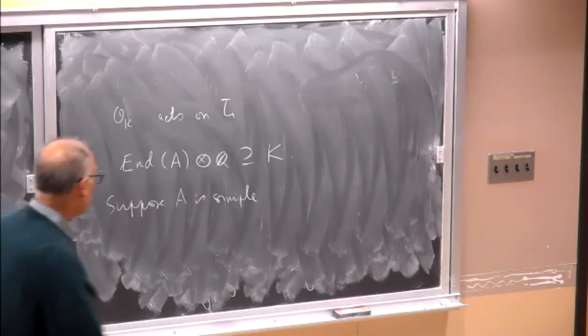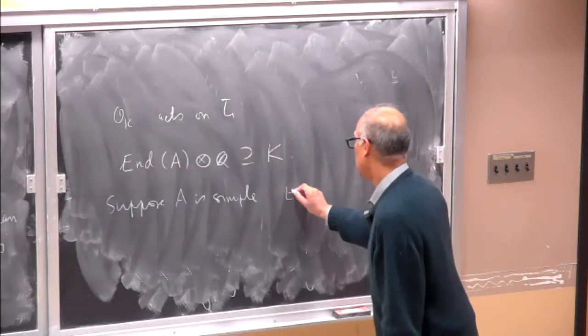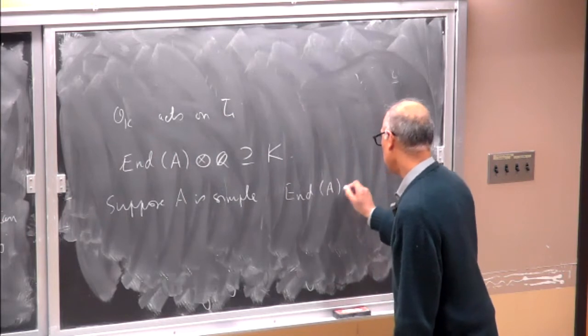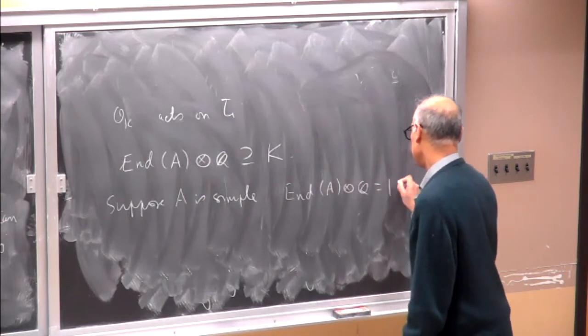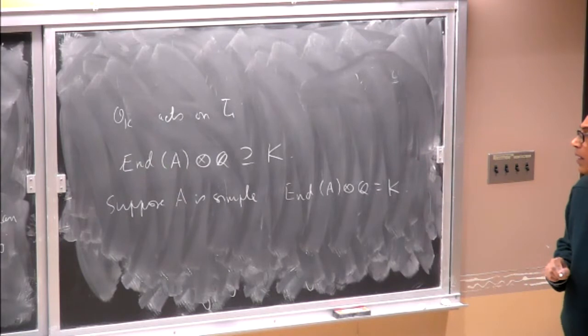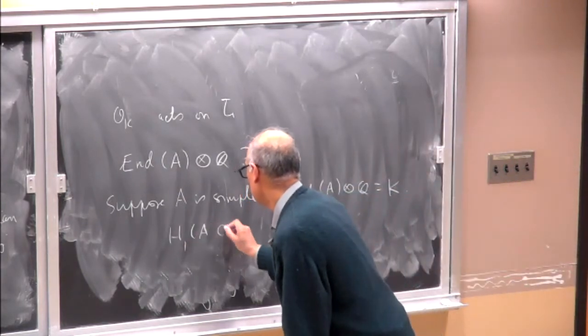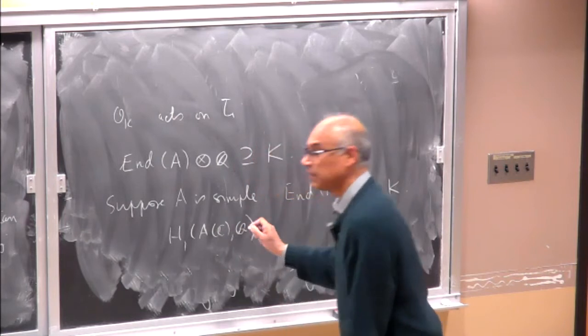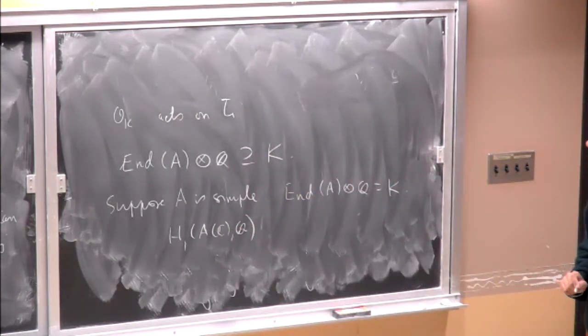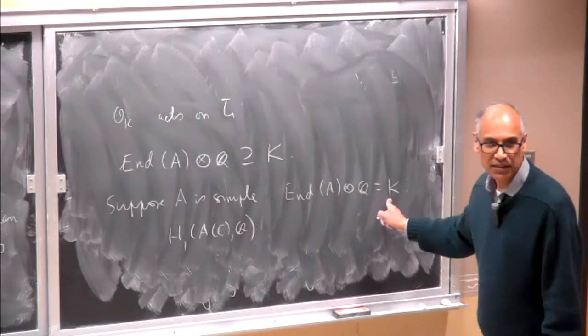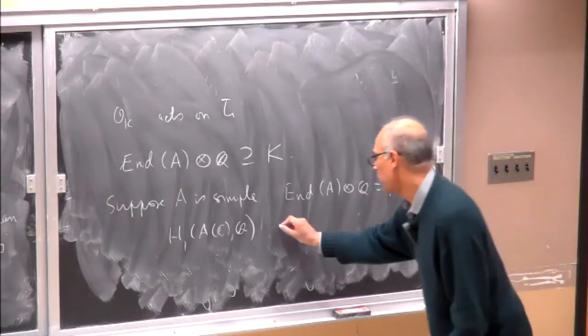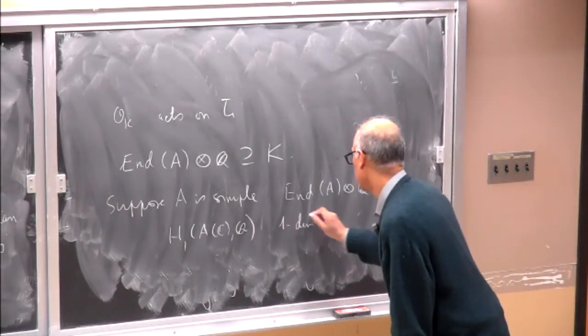In this case, the endomorphism algebra is just K. Moreover, the H1, just singular H1, is a rank 1 vector space, a one-dimensional K vector space.